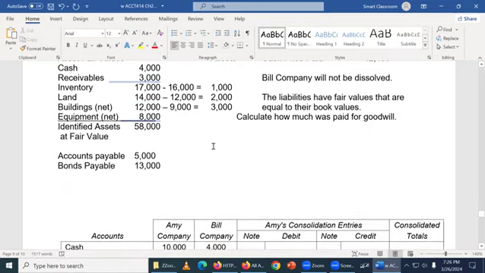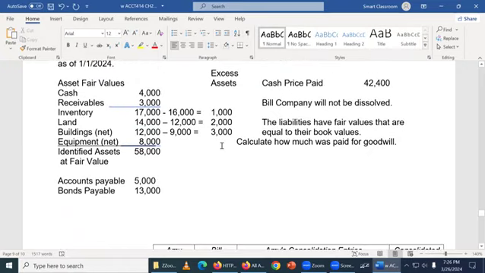All right, so these are the excess assets. So identified at fair value, we have these accounts payable. Fair value is 18,000.